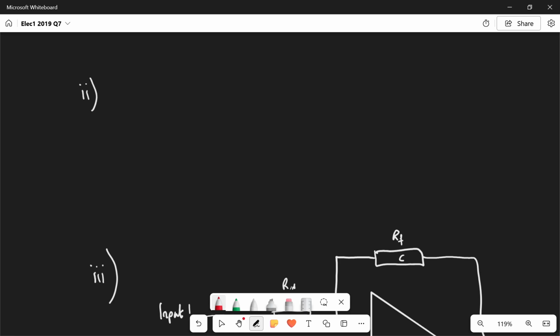So, first thing to realize is that the leads will be the same length. So leads leading to the difference amplifier from your bridge circuit will be the same length. And what happens is the difference amplifier will only amplify the difference in P and Q.